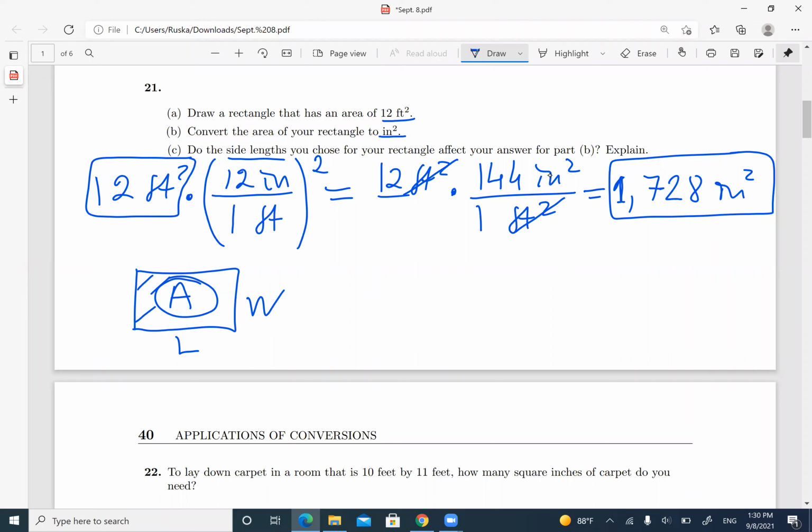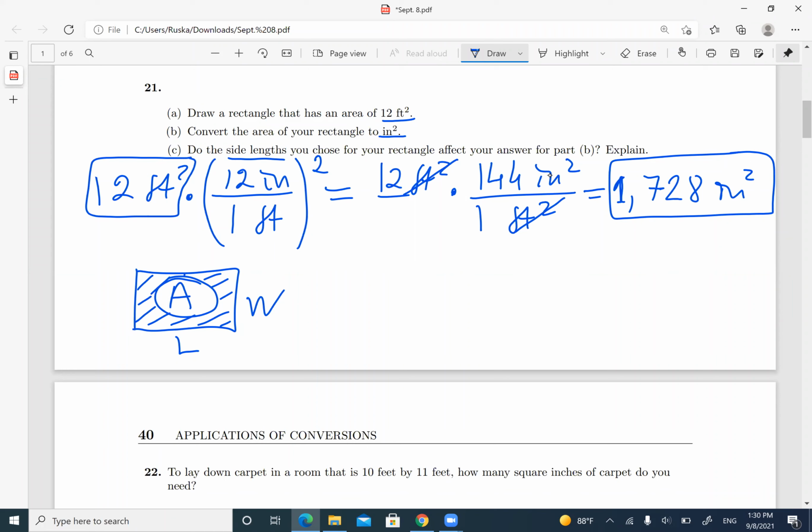So technically, if you change the length, the area is given. So if the length is changed, the width is also going to change. The area is given. So technically the length by itself doesn't affect the area. Or do you think that it's affecting the area?